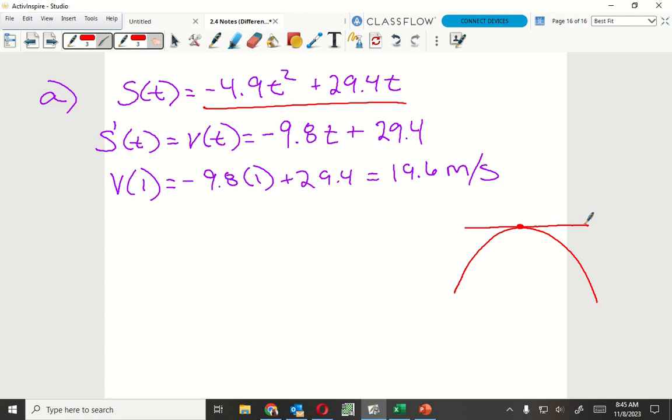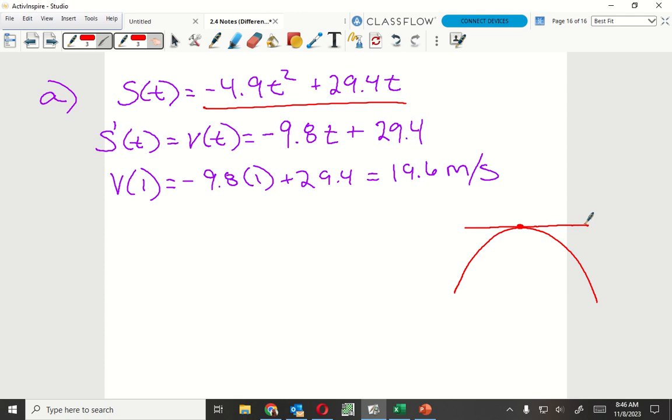At the very peak, my derivative is going to be 0, because that's when it's going to start going from increasing to decreasing. Whenever it changes from increasing to decreasing, it eventually has to hit 0. It's positive, positive, positive, now it's negative, negative, negative. So whenever it's changing from increasing to decreasing, it always will hit 0.